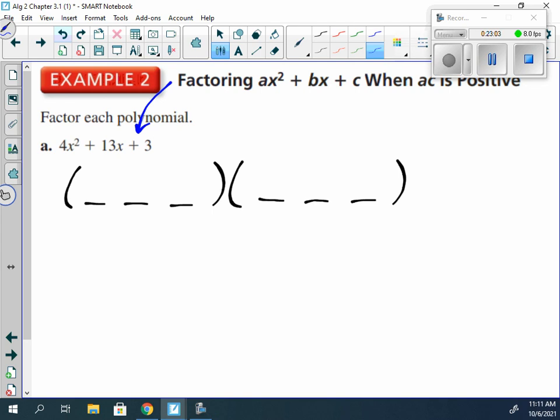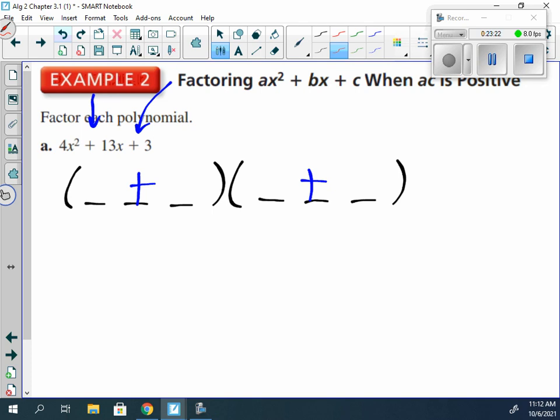What's our middle term? Positive, so the signs for both of these will both be positive. So that takes care of steps 1, 2, and 3.